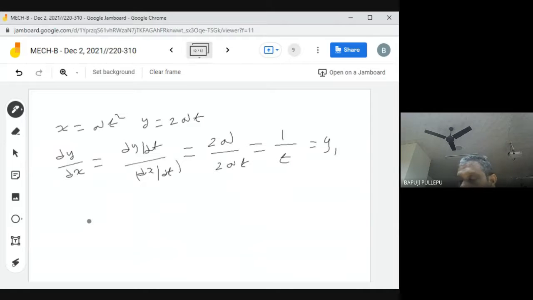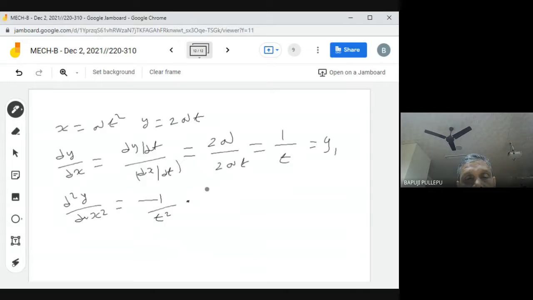Now y2, d square y by dx square, how will you find? Minus 1 by t square into what will you write? Because this is in terms of t, my dy by dx is in terms of t. I am differentiating with respect to t into what will you get? dt by dx. Very good.